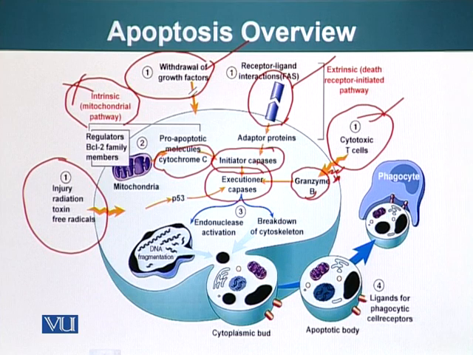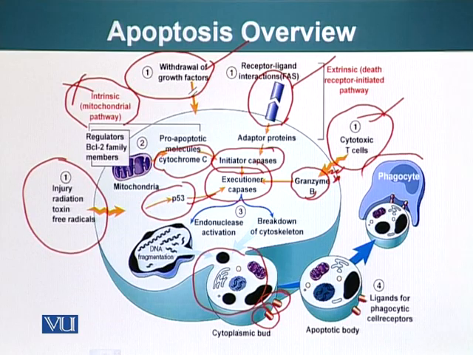p53 can also become activated if there is cell damage, and it can also activate some caspases, causing apoptosis. In apoptosis, basically all the macromolecules of the cell are degraded. They are bundled up in vesicles. These vesicles have proteins sticking out, which act as ligands for phagocytic cells.